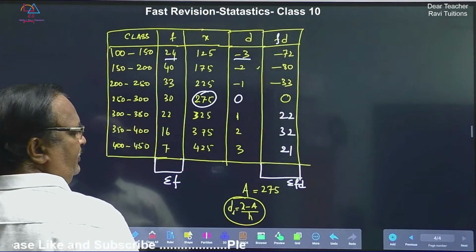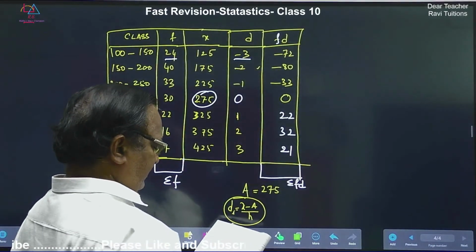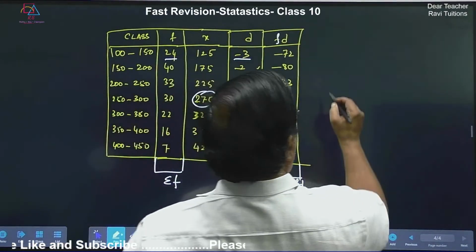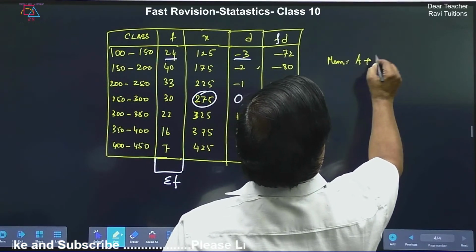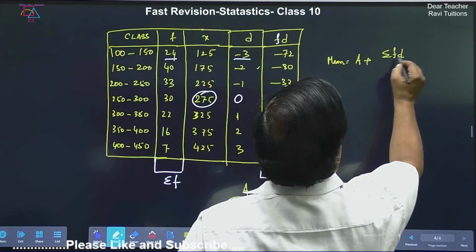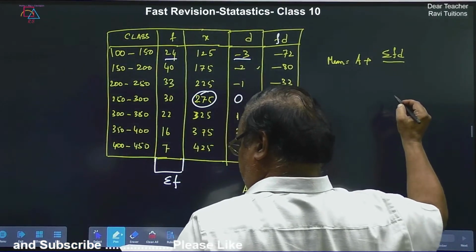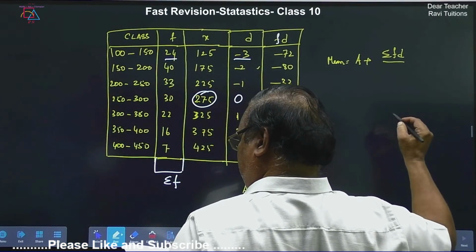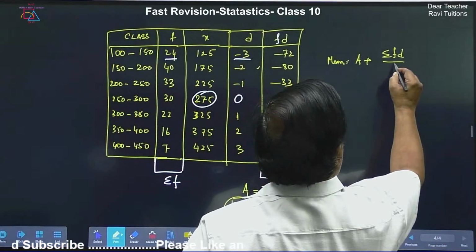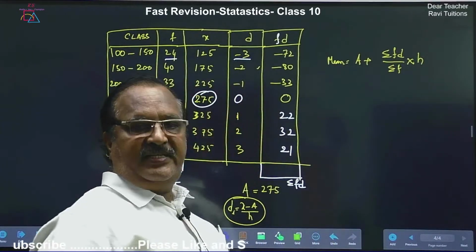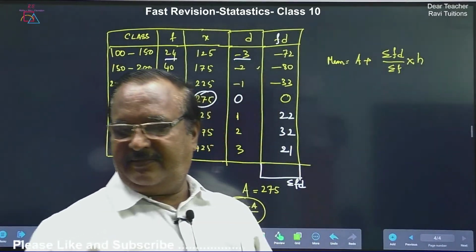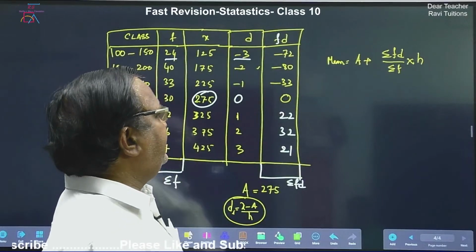Okay. So now I will write the formula. The formula is mean is equal to a plus sigma fd by sigma f into height. H is the height of the class. Okay, this is the formula.